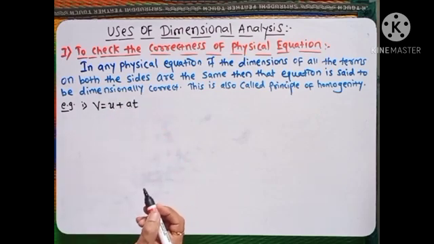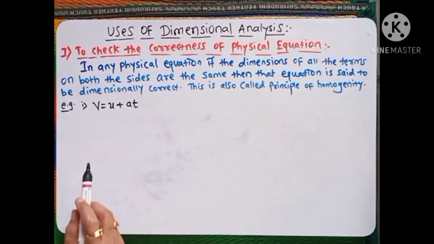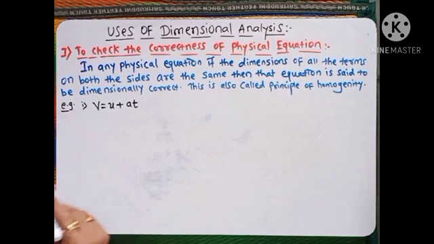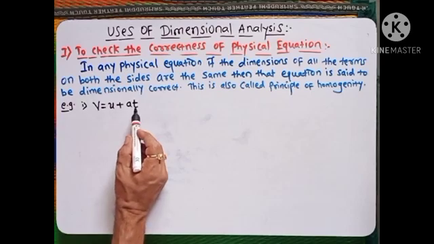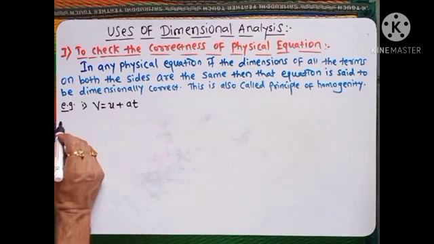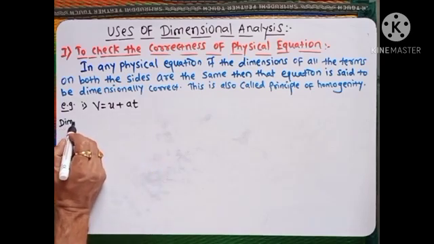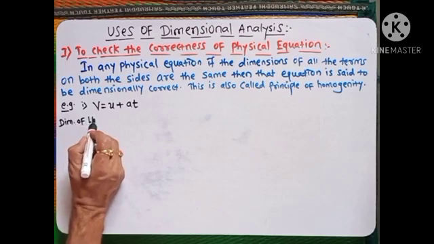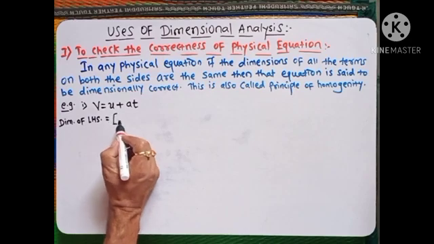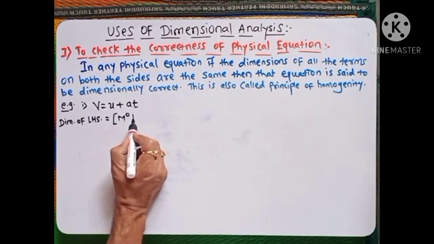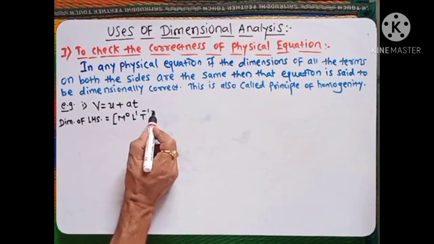This is the first kinematical equation, where V is final velocity, U is initial velocity, A is acceleration, and T is time. Now we write the dimensions of LHS, the left hand side, which is the dimensions of velocity: M0 L1 T minus 1.